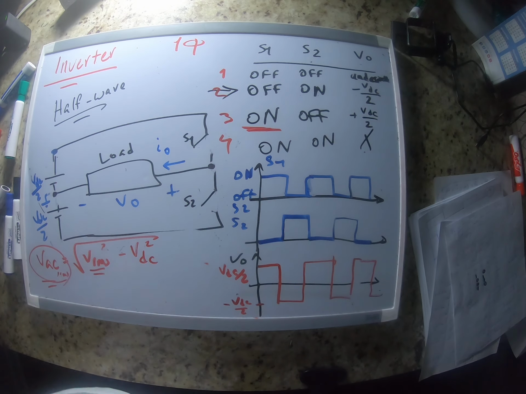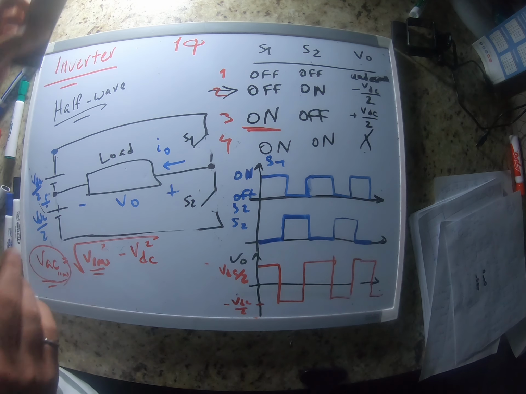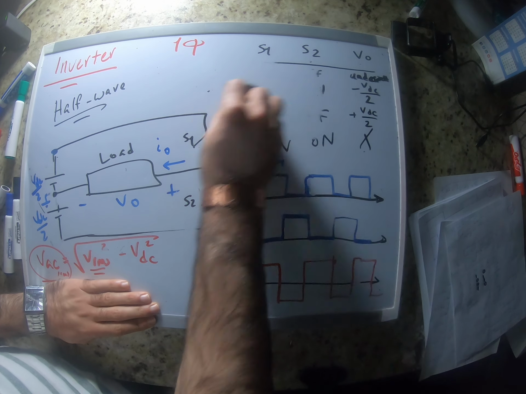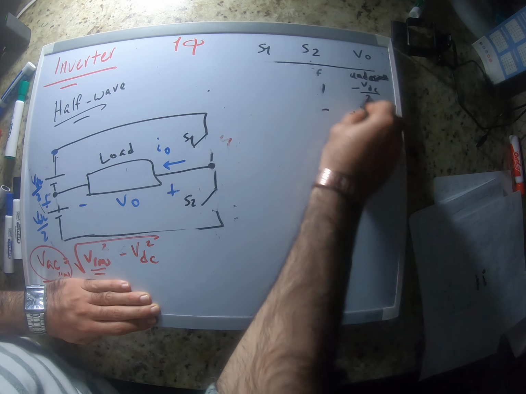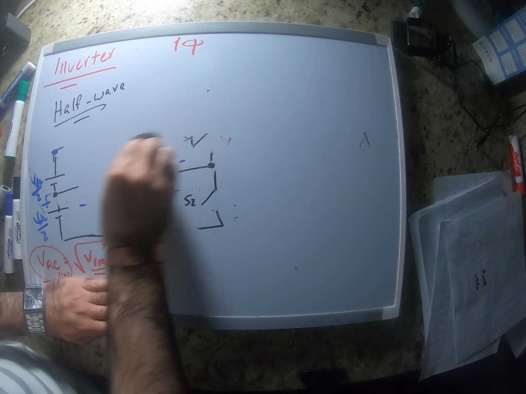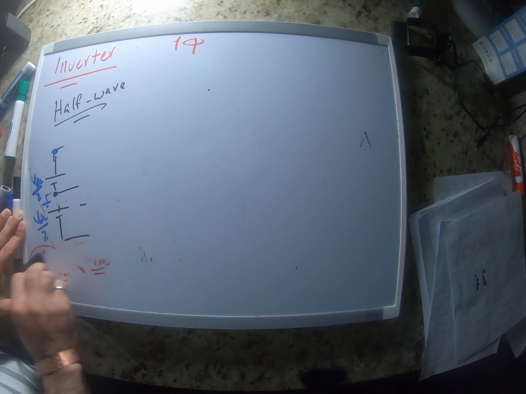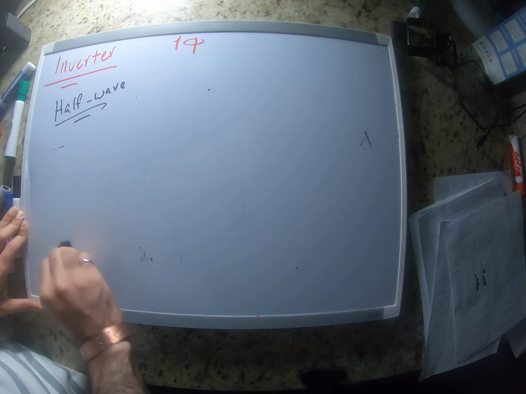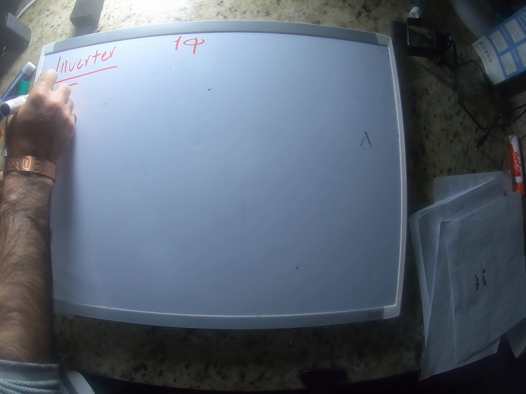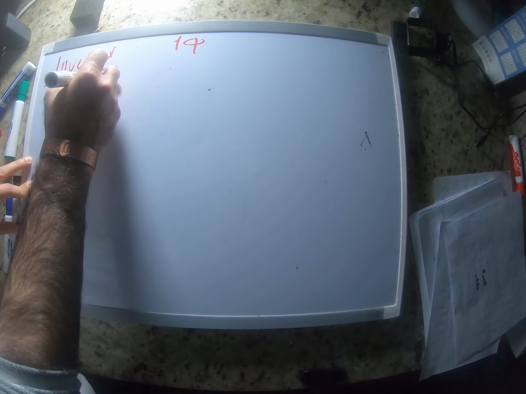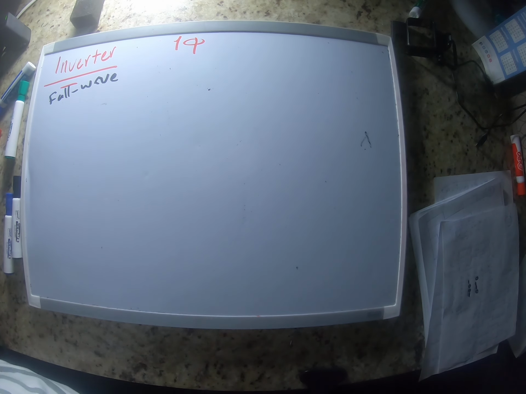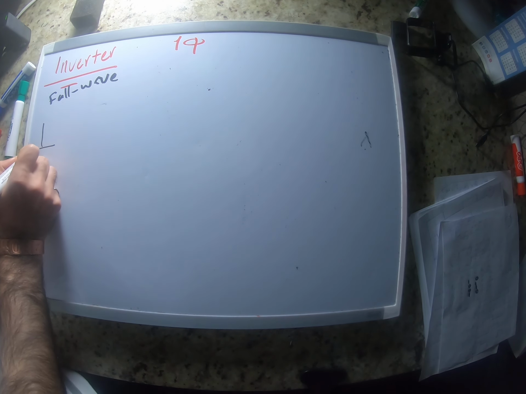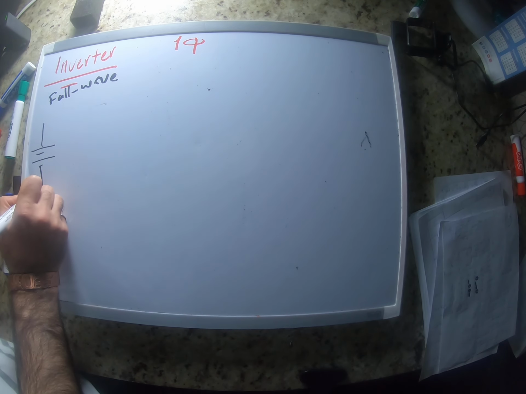Let's look at the half wave rectifier. So I'm just going to erase this. Okay, let's look at the full wave inverter, sorry about that. The full wave inverter actually has 4 switches and only 1 DC voltage source.